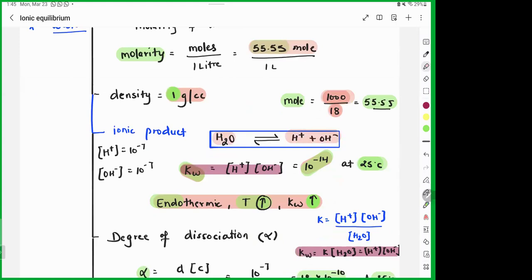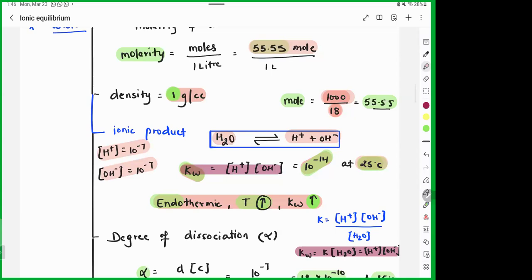The water ionization constant Kw is simply H positive times OH negative, which is equal to 10 raised to power minus 14 at 25 degrees. Temperature is extremely important. H positive concentration and OH negative concentration are exactly the same. And for endothermic, if you increase temperature, Kw increases.